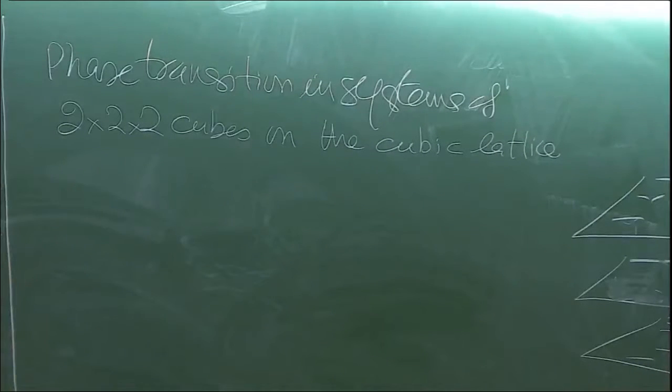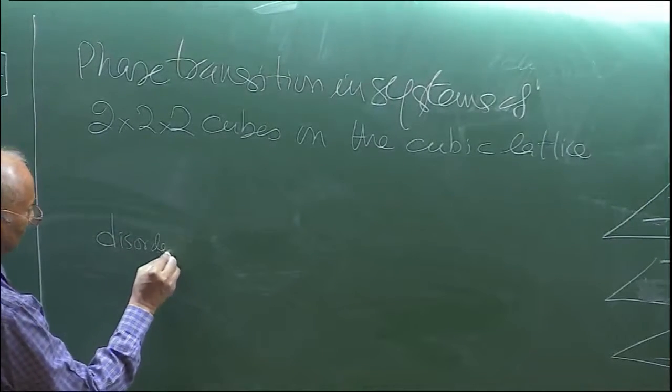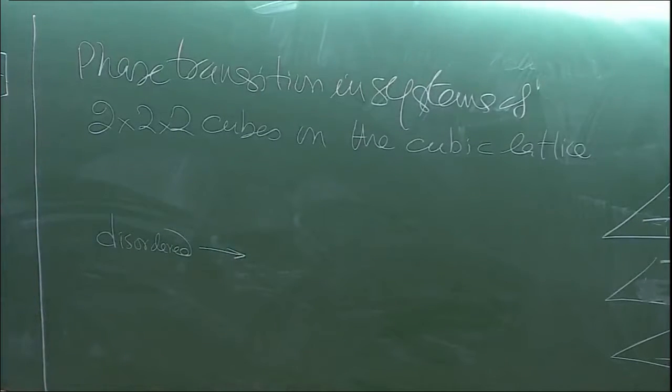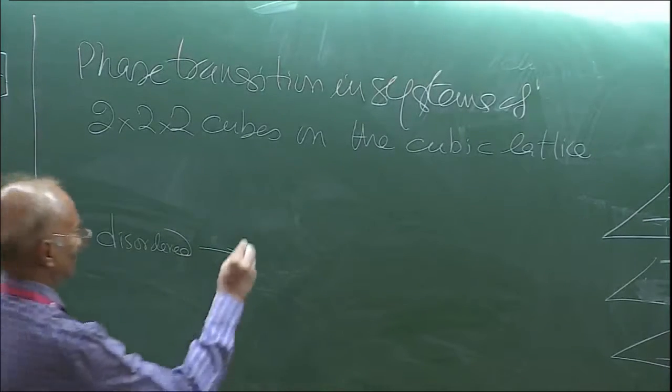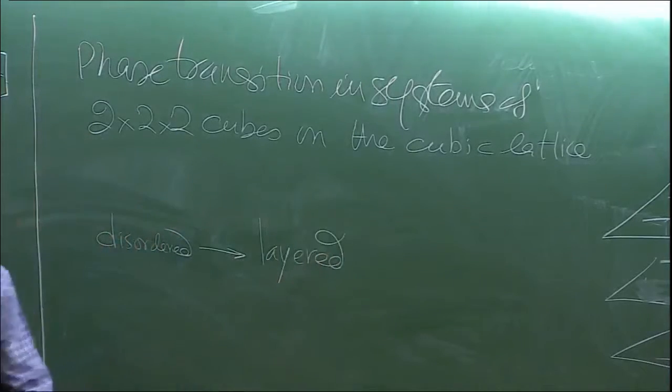Again, there is a low density phase which is disordered. Then if you increase the density, you go into a state which is layered, which breaks the symmetry in one direction. Let us call it the z direction.